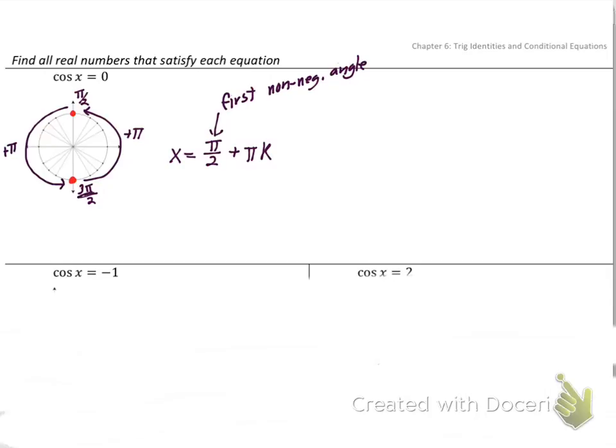Now all I have to do is put it in set builder notation. And that is, x can be anything such that x equals pi over 2 plus pi k, or k pi. I'm not really too concerned with how you write that. Such that k is an element of the integers.